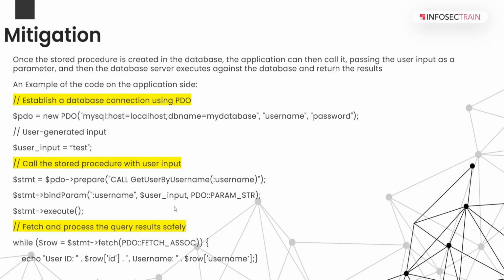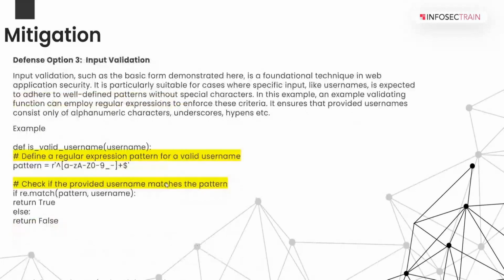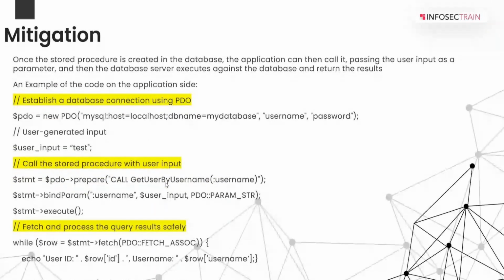If you see here in the code, it calls this function, get call by username, and then binds the parameter. Bind is the same technique: if there is any SQL query or comment sign in there, it removes it. The logic is written there.